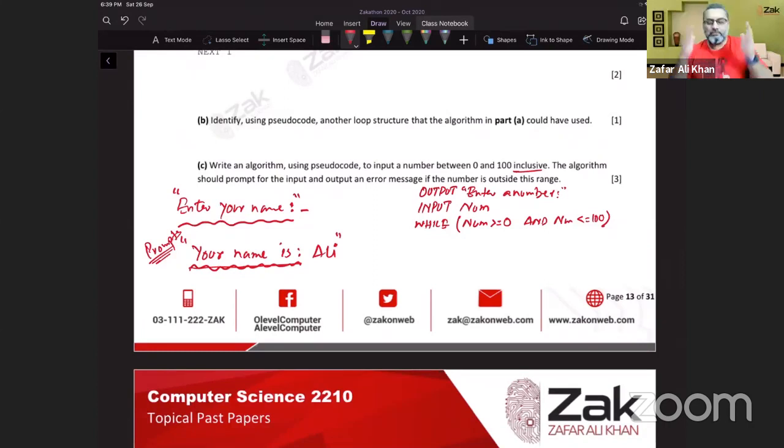It has been asked over here, so the algorithm should prompt. So next time we input, we will also use this prompt. And output an error message if the number is outside the range.